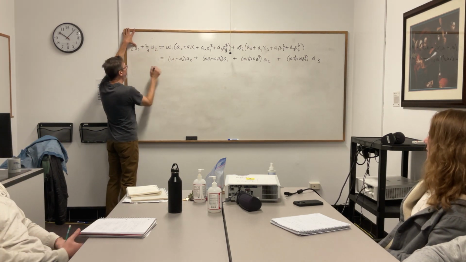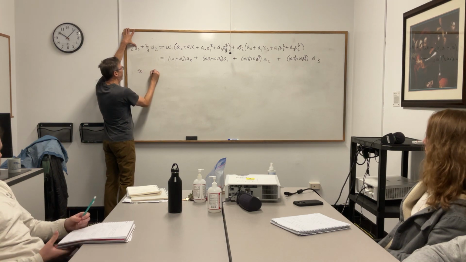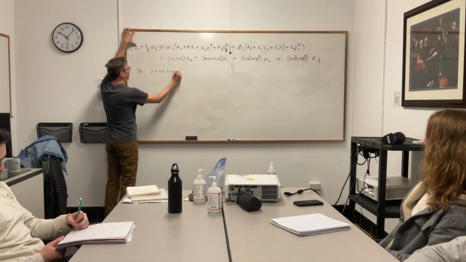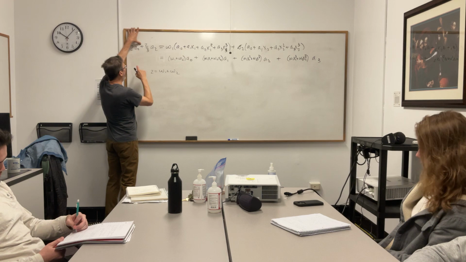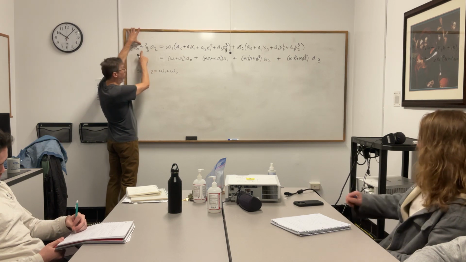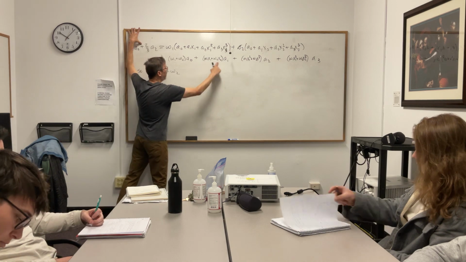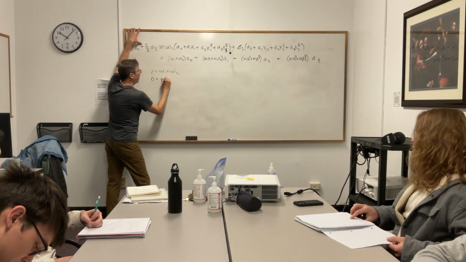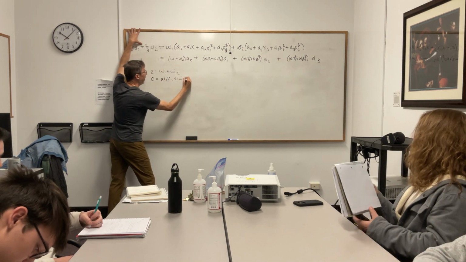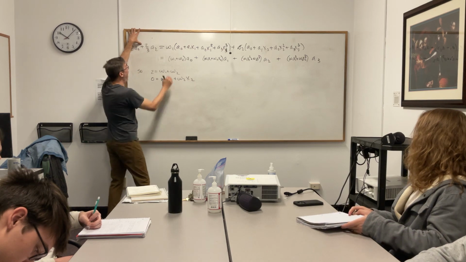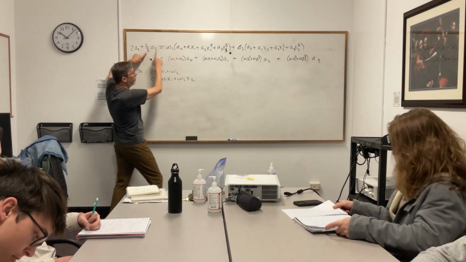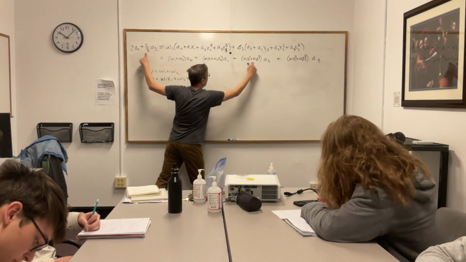So I'm going to again use these A's as my signposts. I need 2 to equal W1 plus W2. I need 0, because there's no A1 term here, to equal this quantity, W1 x1 plus W2 x2. I need 2/3 to equal this quantity here.